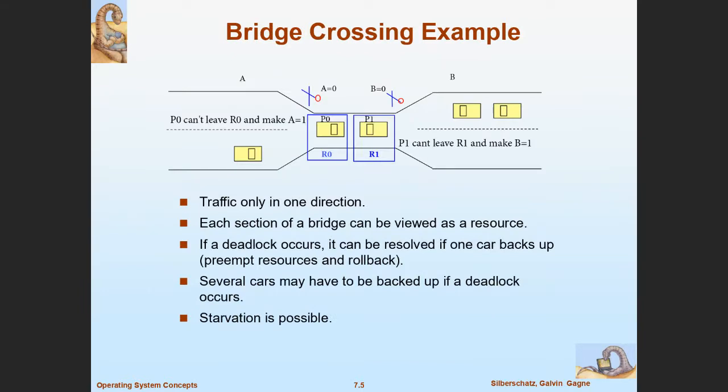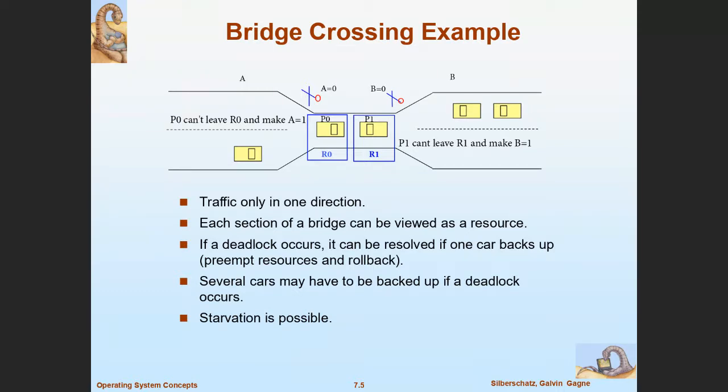So let's have an example, the narrow bridge crossing example, in which we have two cars occupying those narrow areas. Each is occupying its own resource. So car P0 is occupying its own resource R0. P1 is occupying its own resource R1, and they claim each other's resource, so they get stuck.